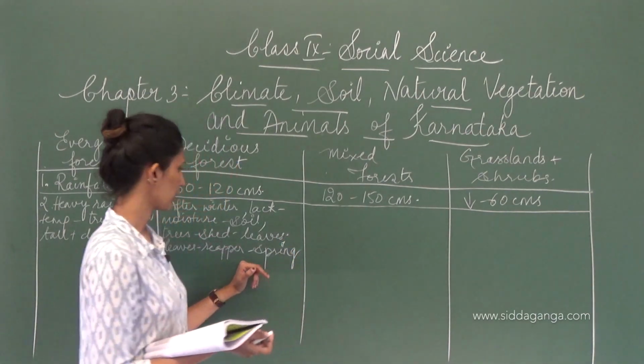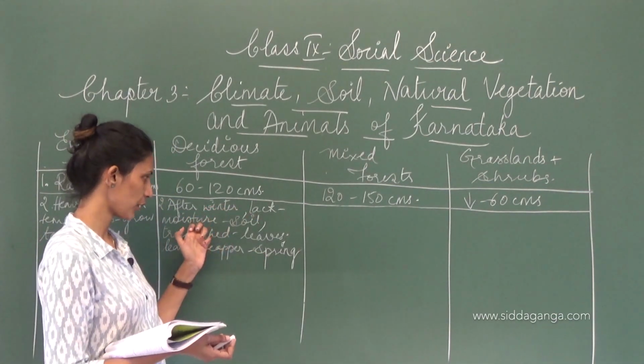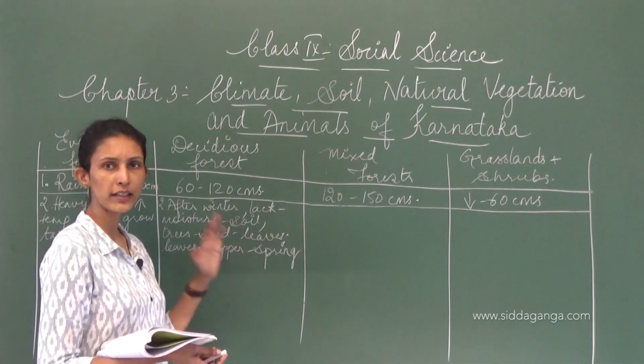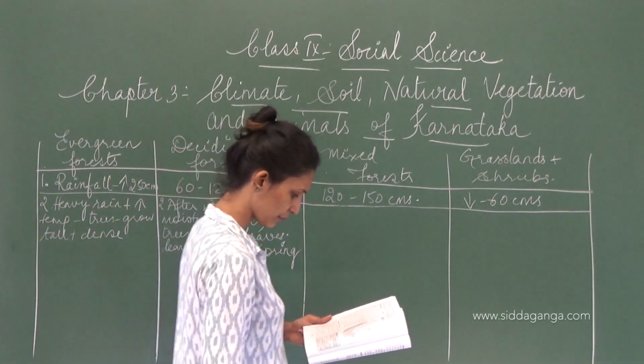That is the second point. So what happens after winter, because of the lack of moisture in the soil, trees shed their leaves and the leaves reappear in spring.